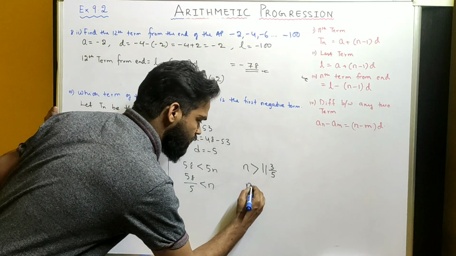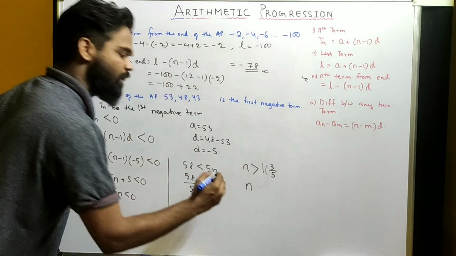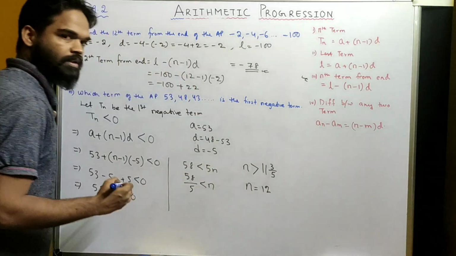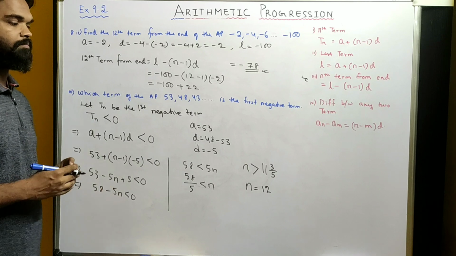So your n will be 12, which means your 12th term will be your first negative term.